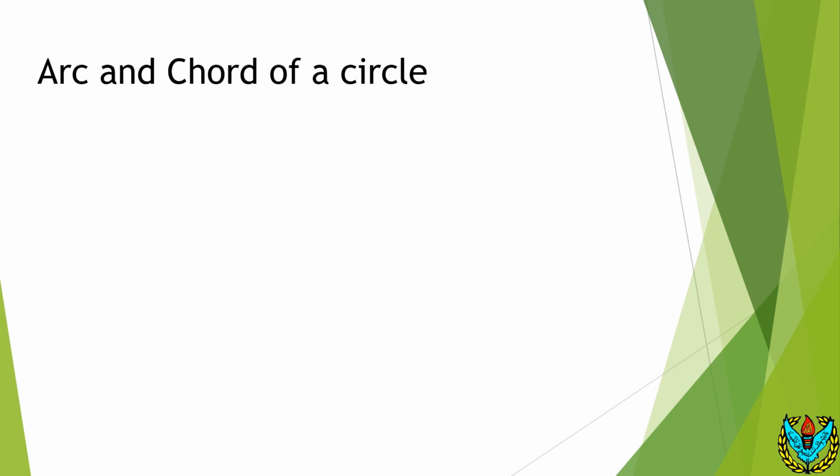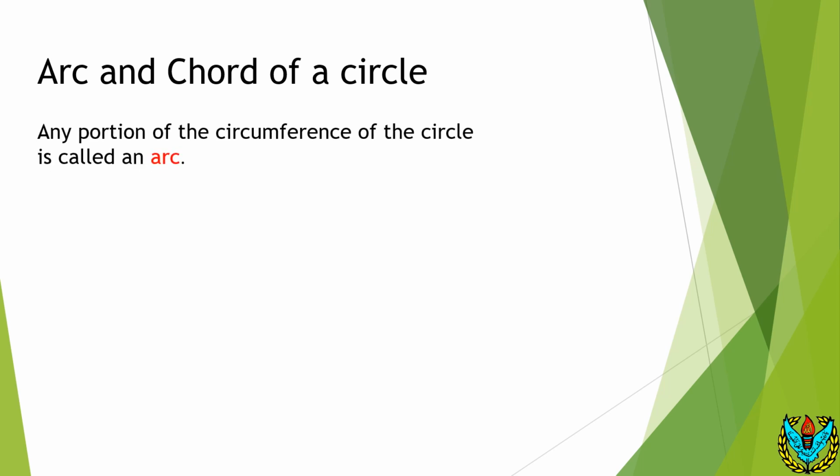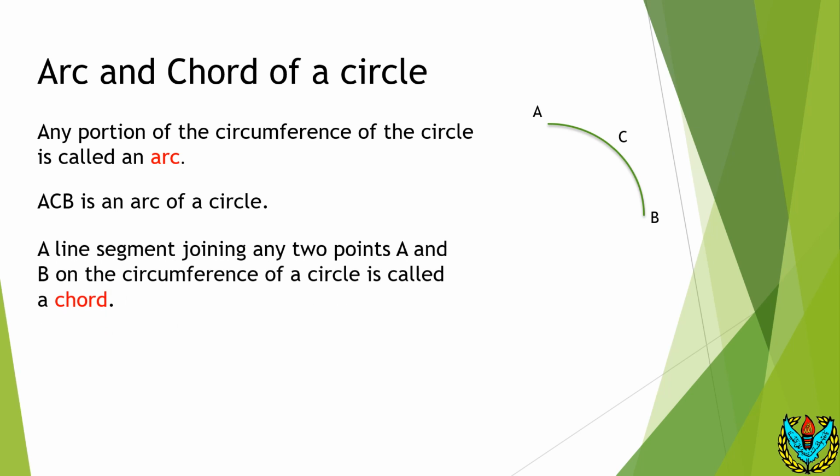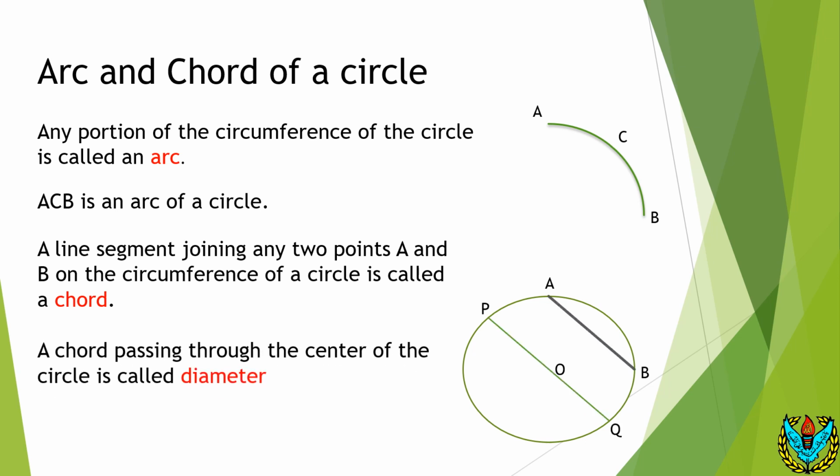Arc and chord of a circle. Any portion of the circumference of a circle is called an arc. ACB is an arc of a circle. A line segment that joins two points on the circumference of a circle is called a chord. AB is a line segment which is a chord. If a chord is passing through the center of the circle, it will be called a diameter.